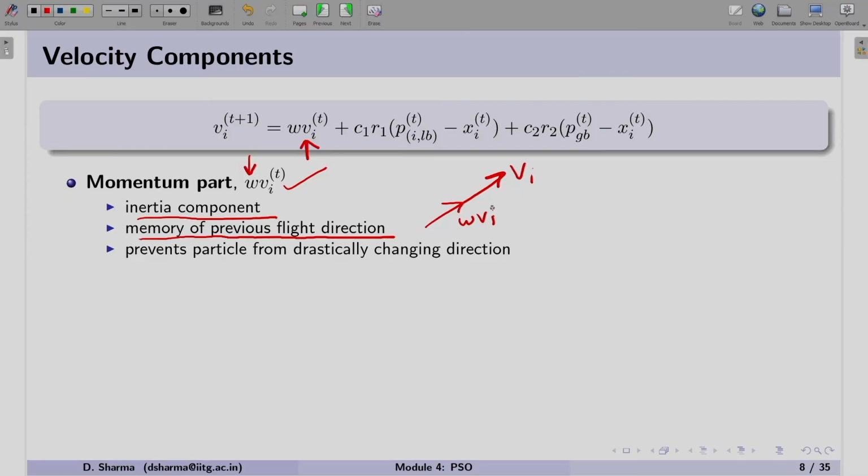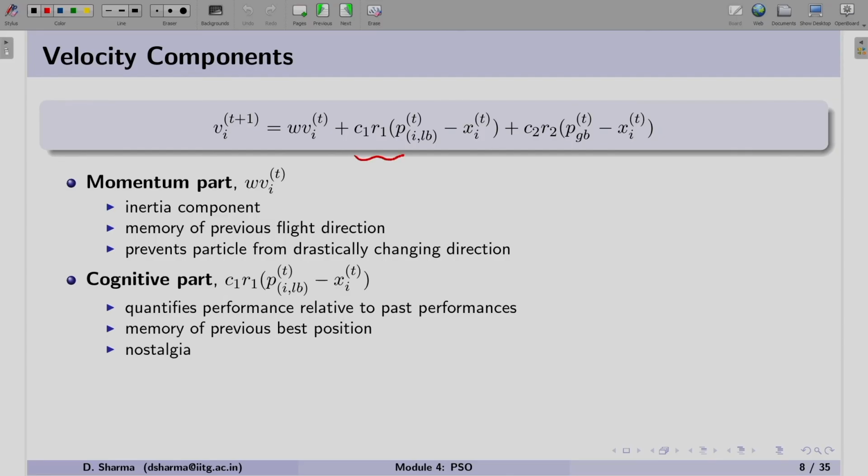The purpose of the first part is to prevent the particle from drastically changing its direction. If we are moving in one particular direction or with a velocity, then we should not change drastically. Yes, gradually we will change because the other components are added into the velocity.